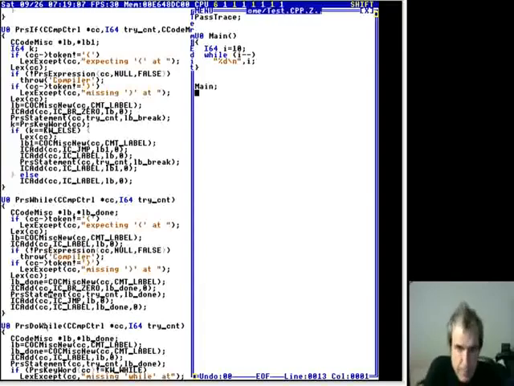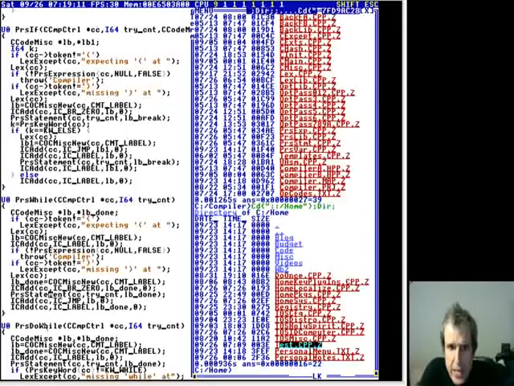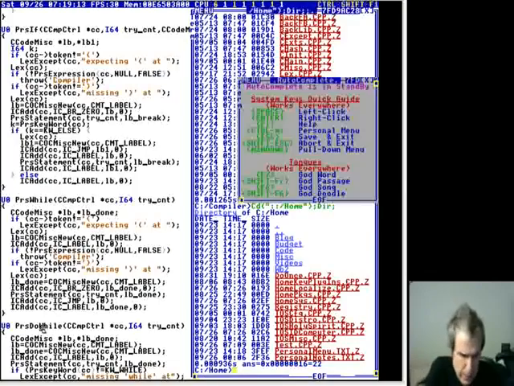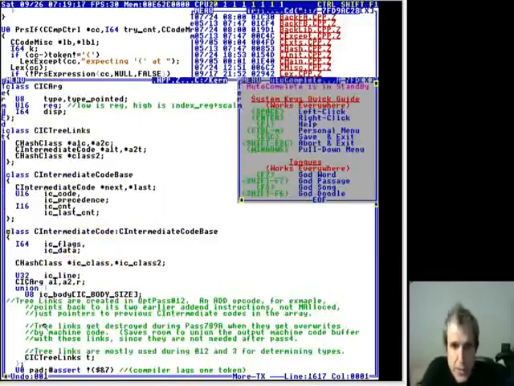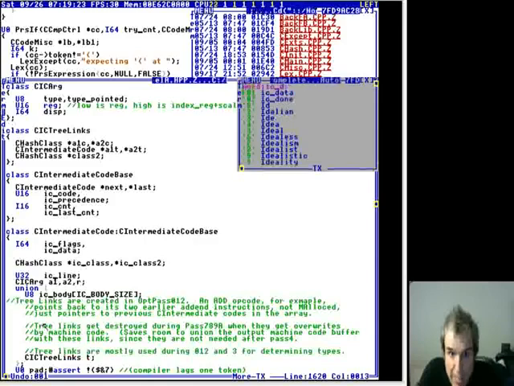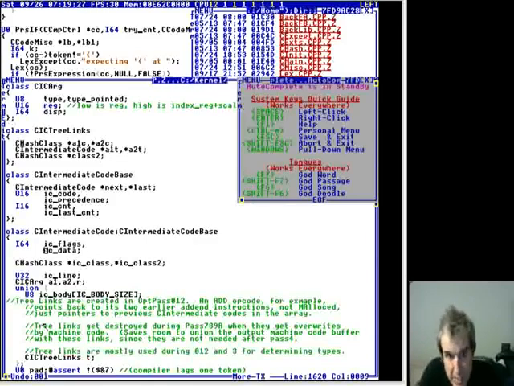So where were we? Let's look at intermediate. So this is an intermediate code. We have some flags. Each one can have one data item. That's the label, or if it's an immediate, it's the immediate value. It has a class.